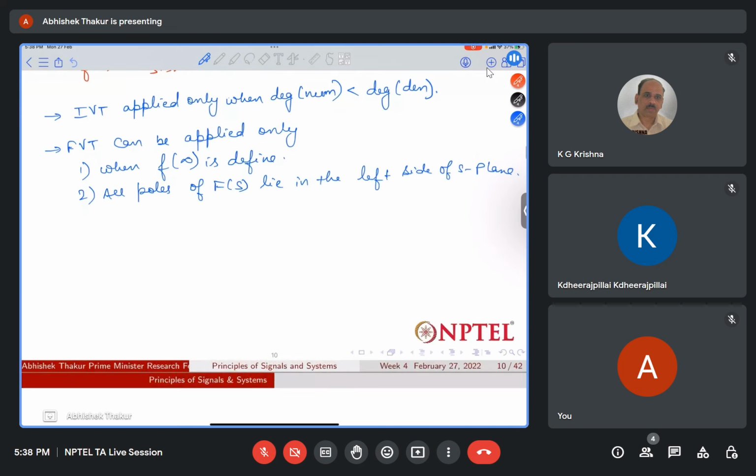And also there is one very special property when there are two signals: the convolution in the time domain, like x1(t) convolution x2(t), can be easily found using X1(s) and X2(s). You just have to find the Laplace transform of each, and after finding the Laplace transforms, you can simply multiply them.